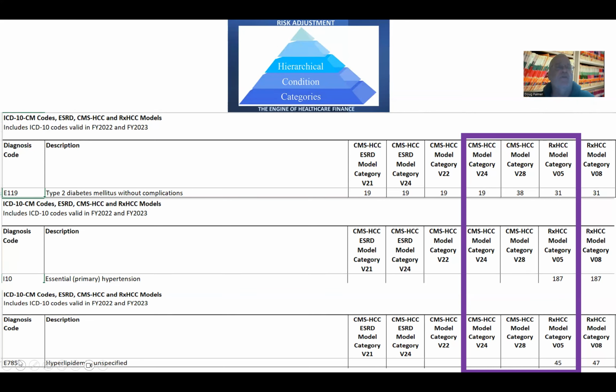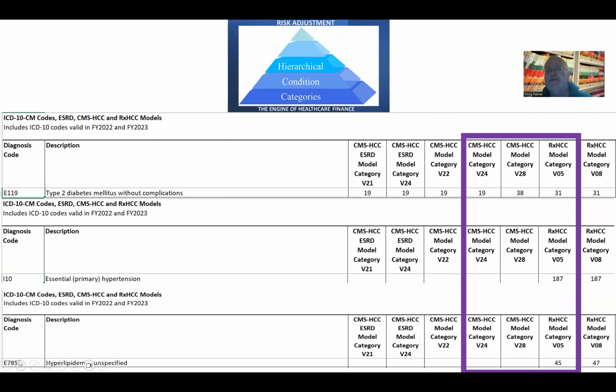Okay. So anyway, with that out of the way, I've pulled out the diagnoses. We have E11.9, type 2 diabetes without complications, and I've highlighted the particular columns that would apply here. The patient doesn't have ESRD, so we're not worried about that.